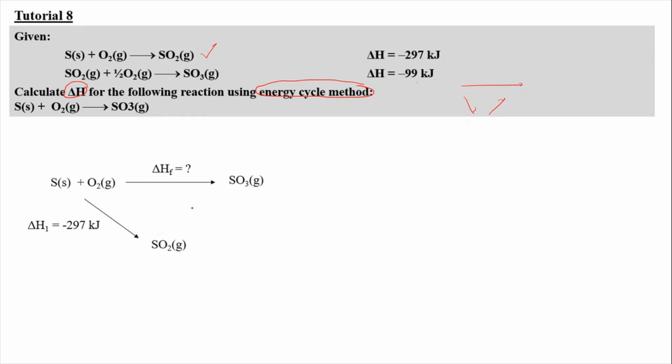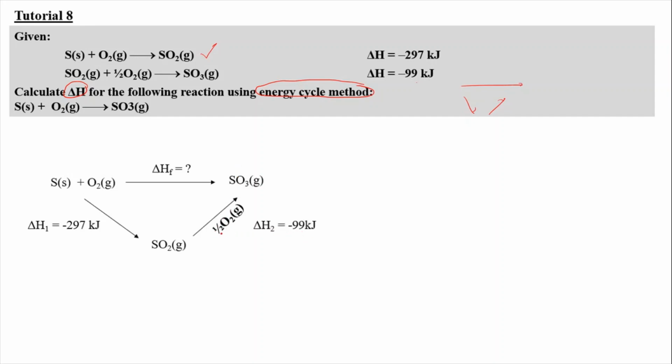SO2 going to SO3, and the other reactant is half oxygen gas. So you can make another arrow from SO2 going to product SO3, and you add another reactant on the side. The enthalpy of the reaction from SO2 plus 1/2 oxygen gas to SO3 is delta H equal to negative 99 kilojoule.